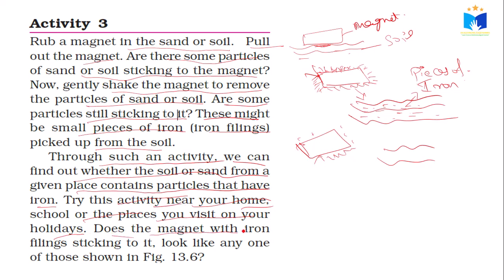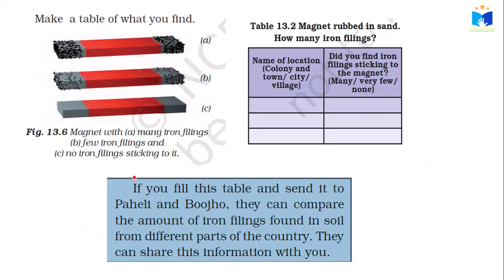Does the magnet with iron filings stuck to it look like any one of those shown in figure 13.6? In figure 13.6 they have shown a magnet attracting some iron filings. Look like any one of those. So we will be seeing figure 13.6. Here you can observe in 13.6, A is a magnet with many iron filings, B is a magnet with few iron filings, and C is a magnet with no iron filings sticking to it.